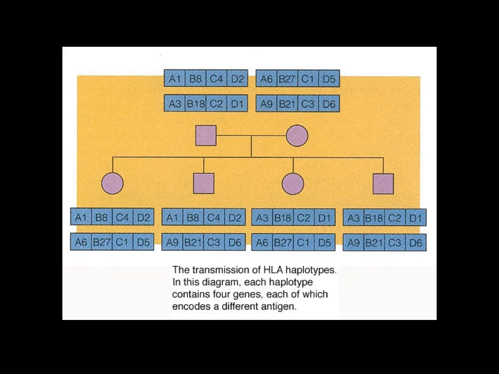So I hope you can kind of appreciate through this discussion why it is so difficult to find a successful match when we're talking about organ transplants. And it all has to do with the fact that these HLA antigen genes, part of the major histocompatibility complex, are a major example of multiple alleles.